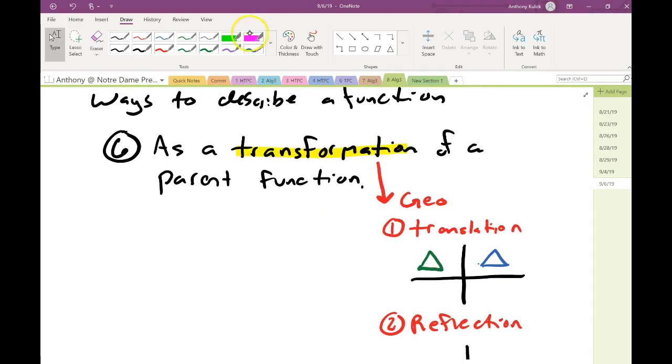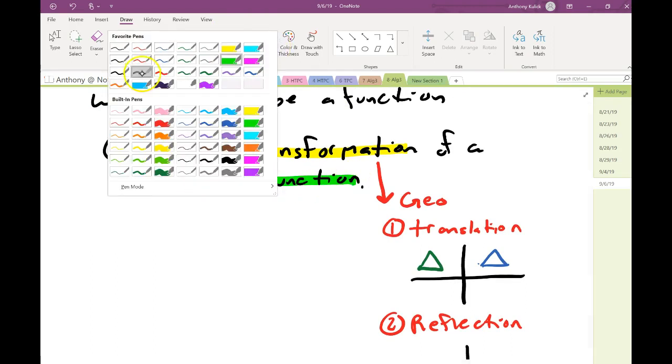And the type of function that we're going to be thinking about is called a very special thing. It's called a parent function.